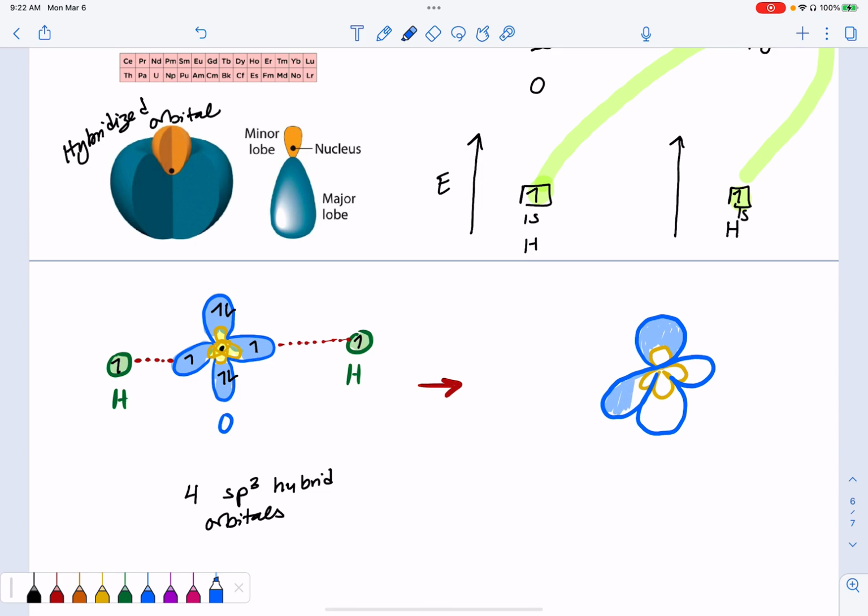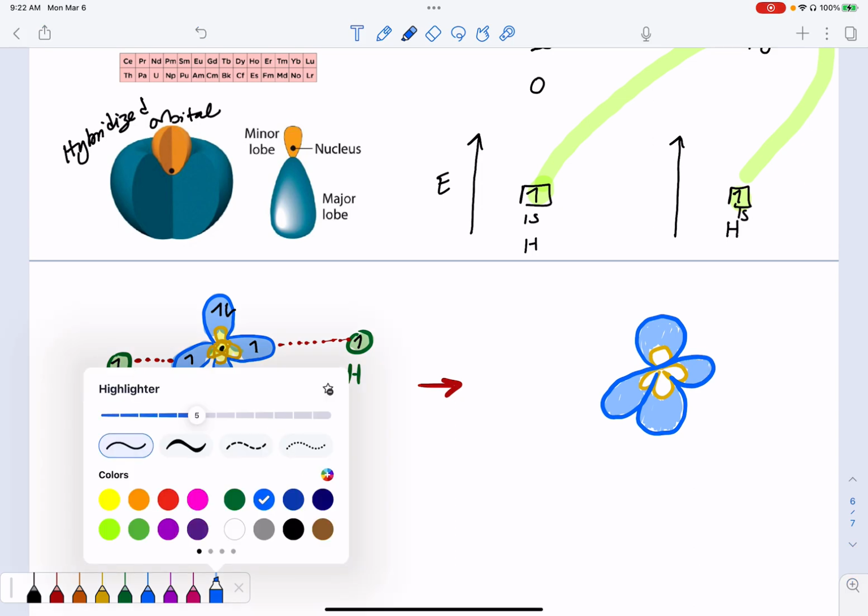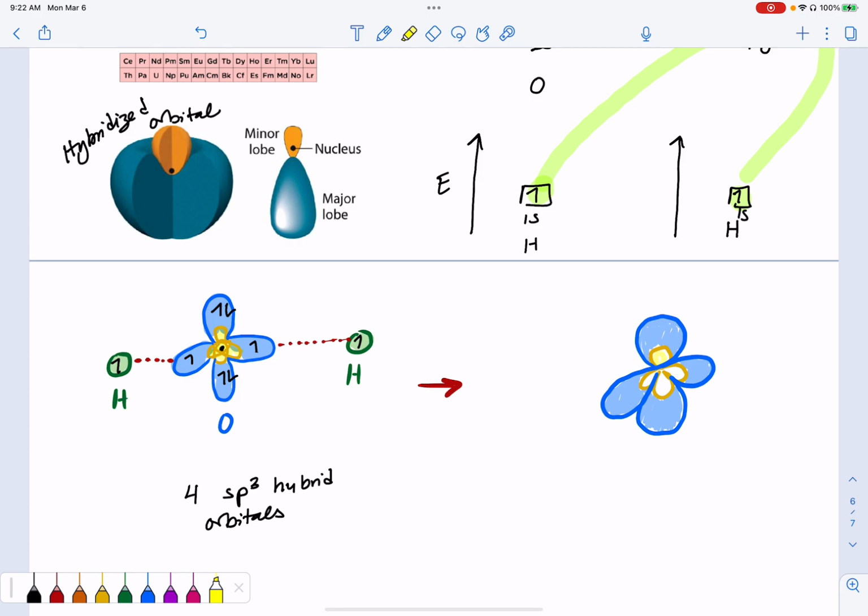Okay, here are my major lobes as a result of my s and p coming together. And here are the minor lobes.